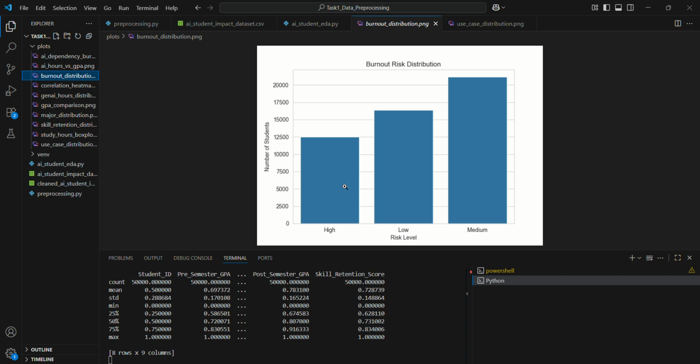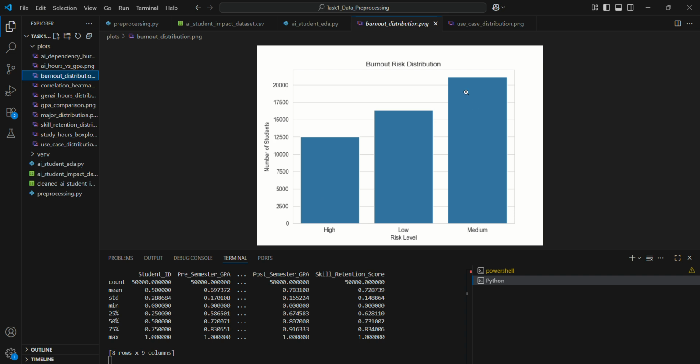Most students are at a medium burnout risk level, and the number of students is mostly concentrated in this particular burnout risk, and the next majority is in the lower burnout risk, followed by people who fall into this high burnout risk category.